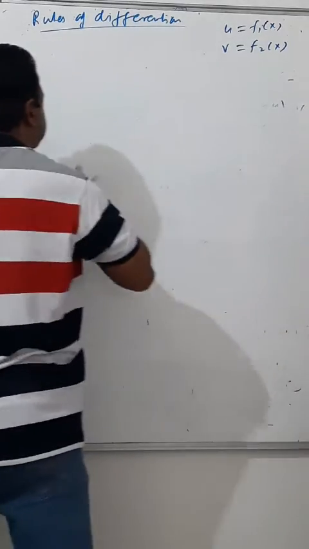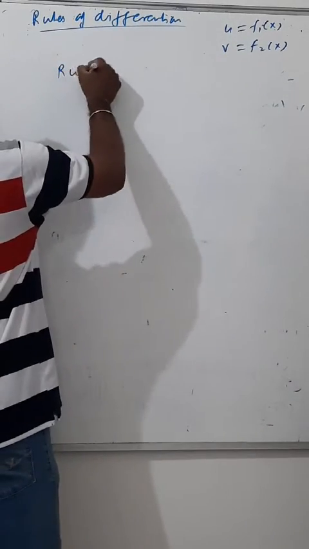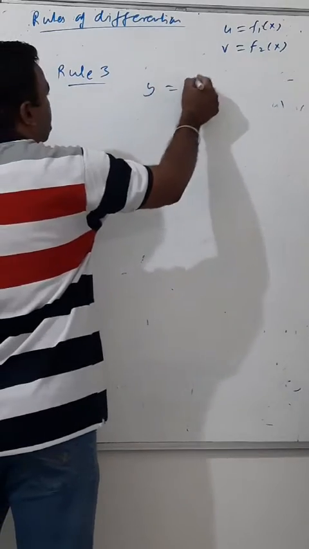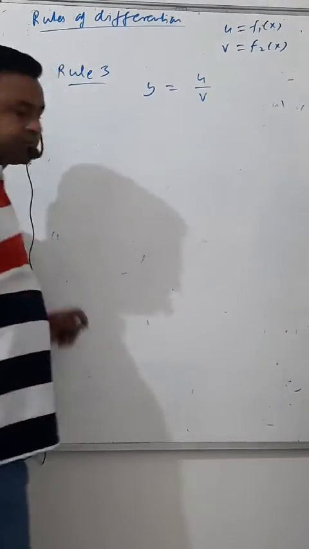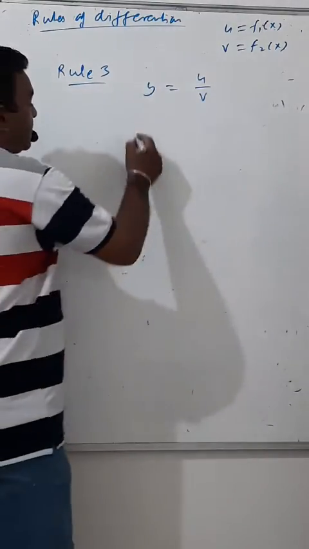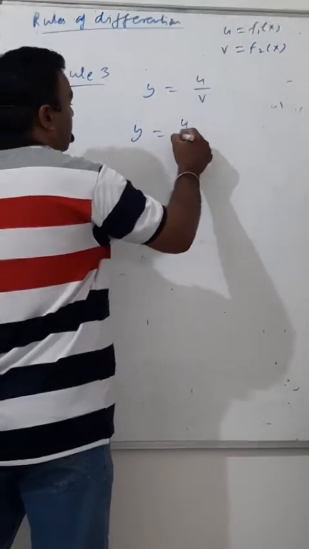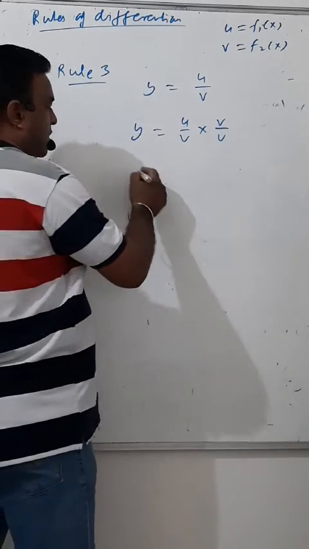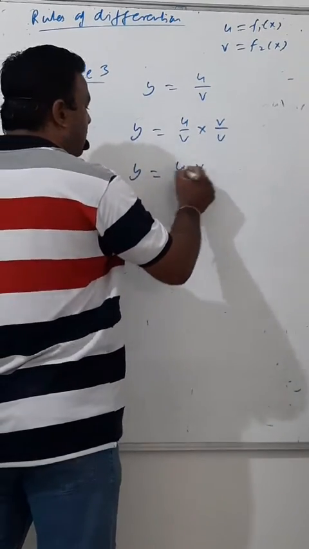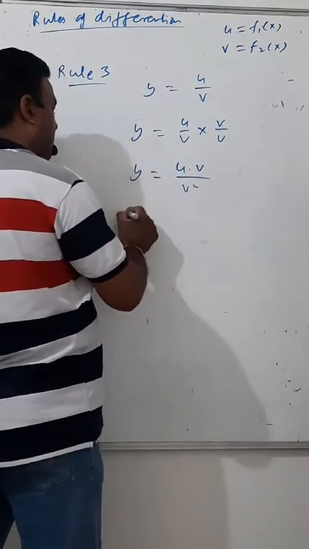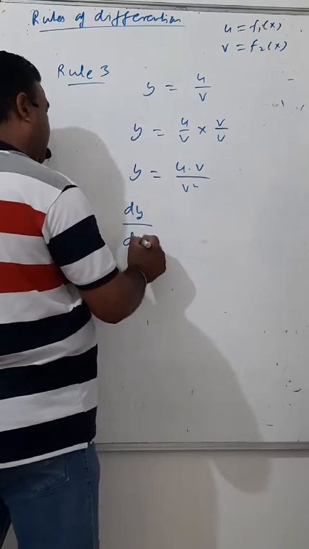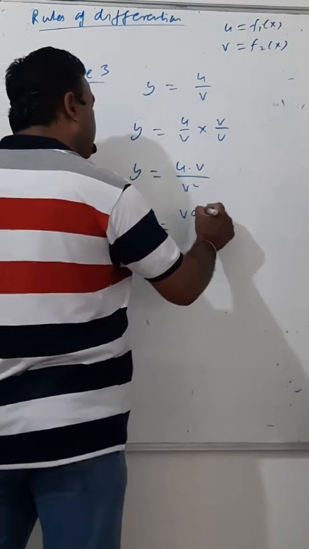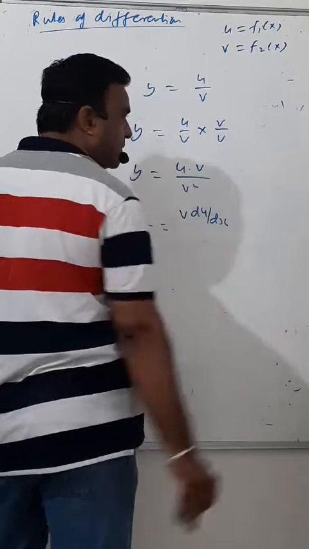Third rule, y is equal to u by v. This must be understood. I simply multiply and divide by v, u dot v by v square. Now here dy by dx is v du by dx.